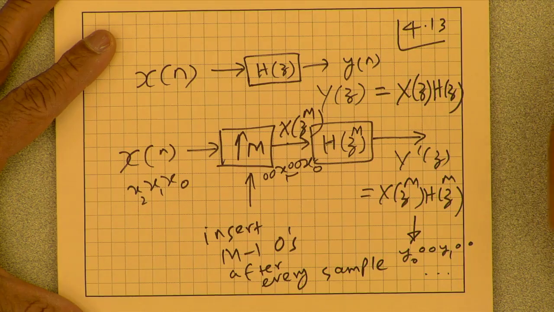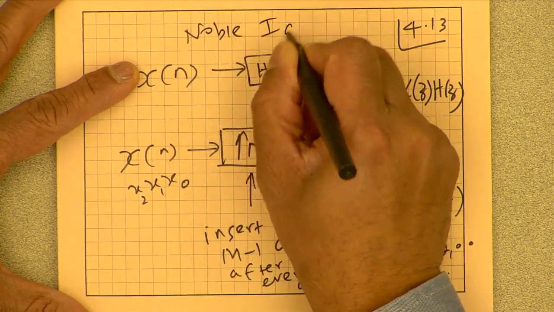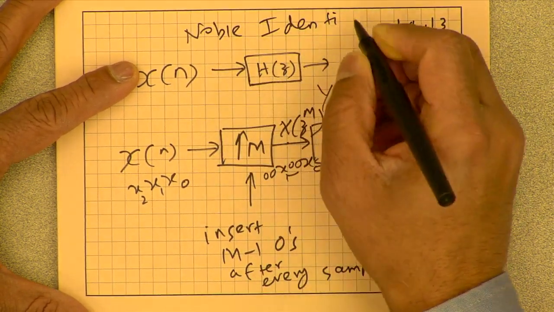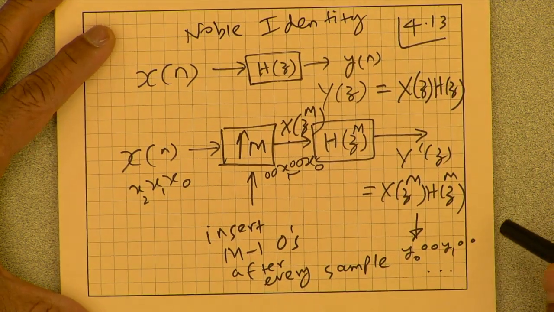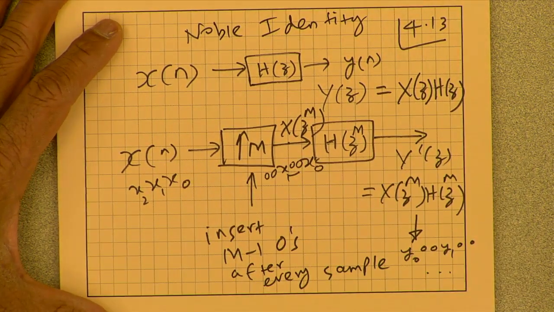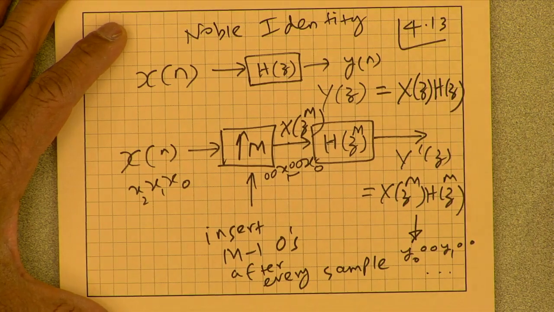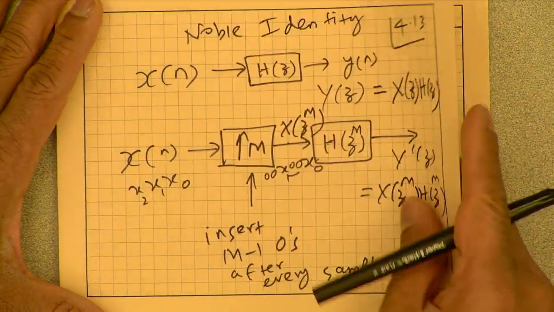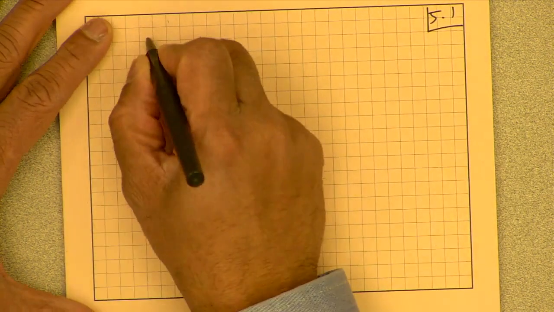Okay, so I quickly went through the so-called noble identity in multi-rate systems. One noble identity is this: if we have x[n], then we upsample. Let me write that on a new page.